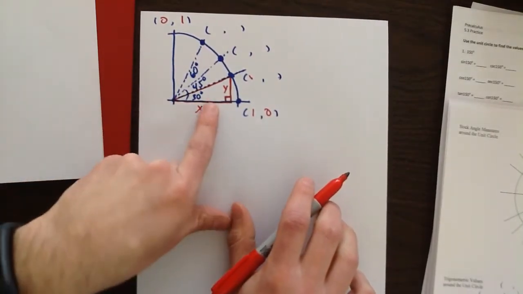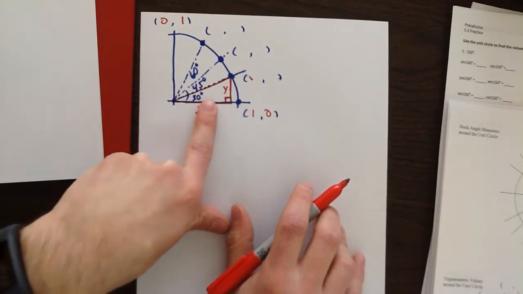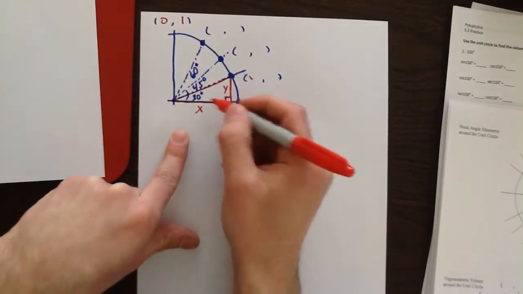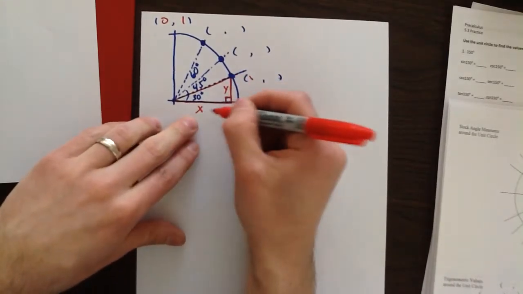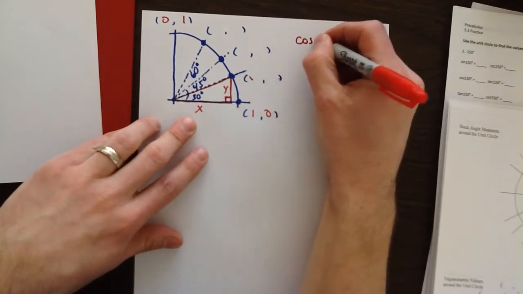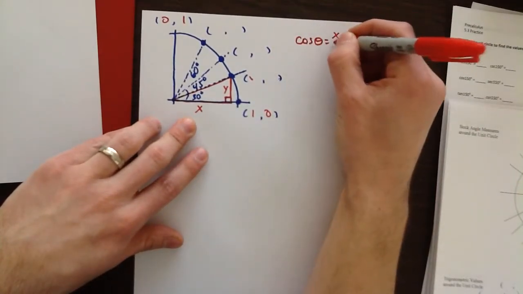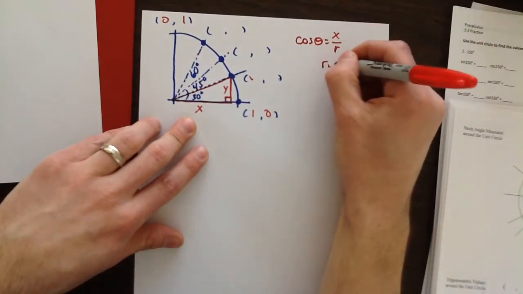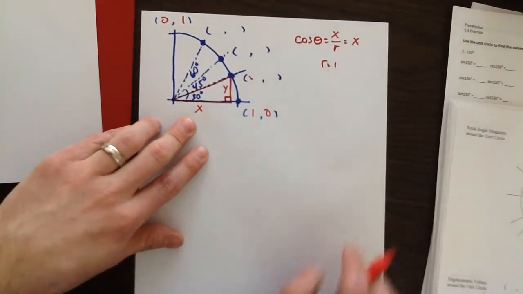And to restate, in the unit circle, how long is our hypotenuse? How long is our radius? 1. Relative to 30 degrees, adjacent is the x, adjacent over hypotenuse is the cosine of some angle. It's adjacent over hypotenuse, or adjacent over the radius. Since our radius is 1, cosine is always just the x value.